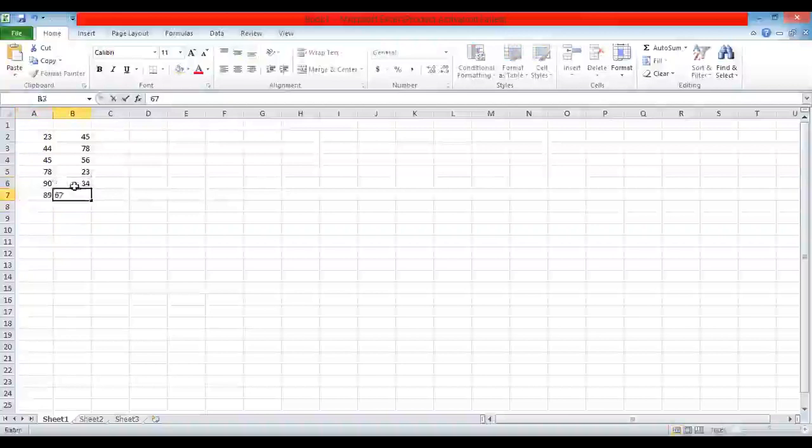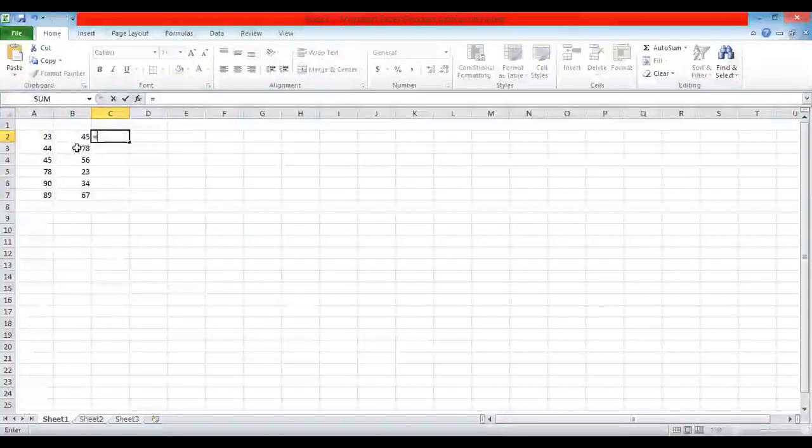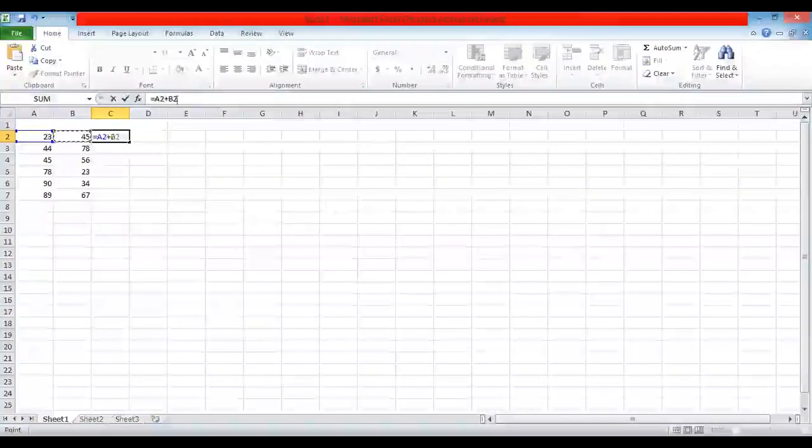So here we will put, we are trying to add this cell, and that cell, and this cell, all together. So we add them, and this is the formula.